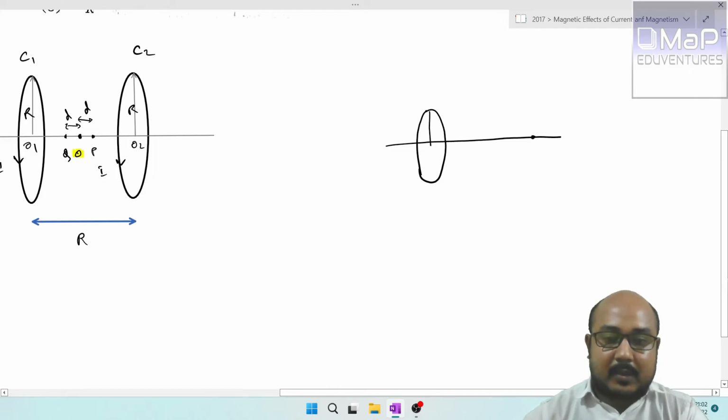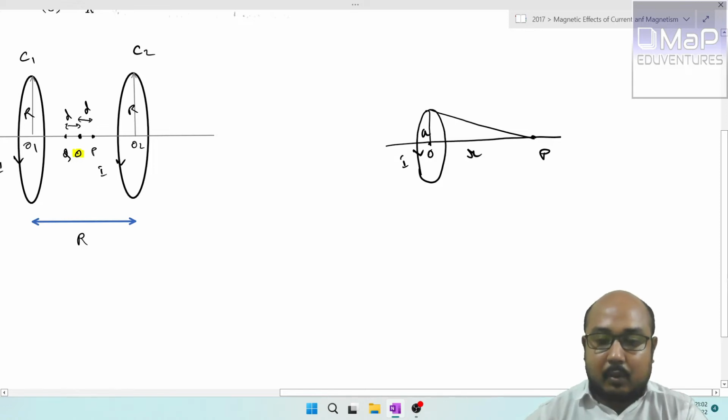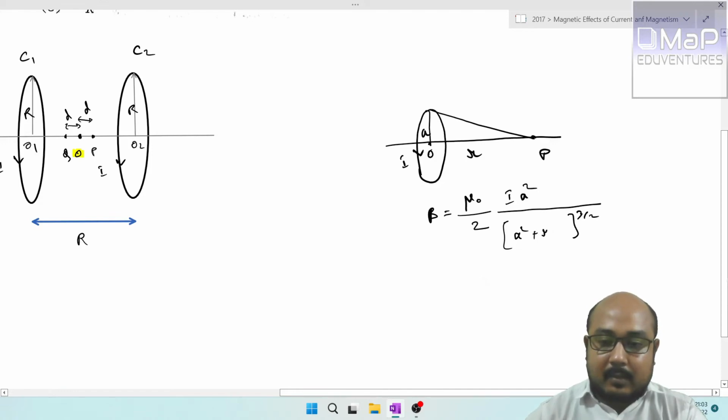If A is the radius of the loop and R is the distance of the point P from the center O of the loop, and a current I flows through the loop, the magnetic field at P due to the whole loop is B equal to mu naught by 2 I A square divided by R square plus A square whole to the power 3 by 2. Or better, I write it as A square plus R square, to match it with our expression.